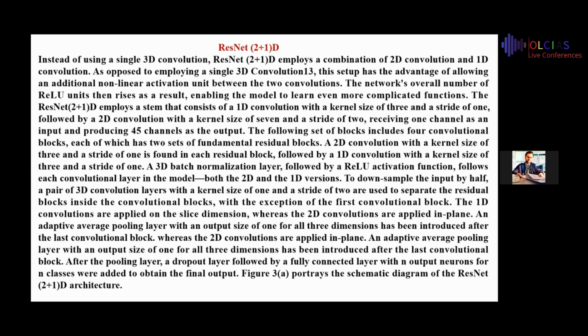Basically, the 2D convolutions are applied in plane. An adaptive average pooling layer with an output size of 1 for all 3 dimensions has been introduced after the last convolutional block. After the pooling layer, a dropout layer followed by a fully connected layer, that is n output neurons for n classes, were added to obtain the final output.